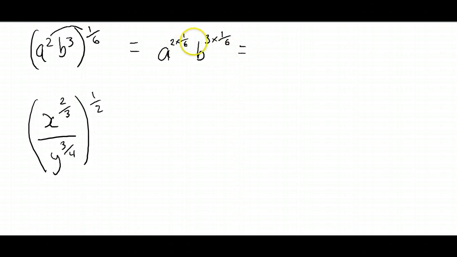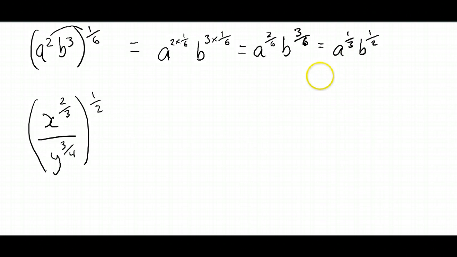Well, 2 times 1/6 is 2/6, and 3 times 1/6 is 3/6. And we can simplify both of those. 2/6 is 1/3, and 3/6 is 1/2.